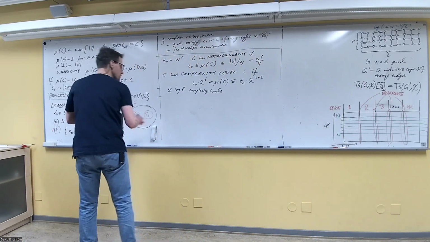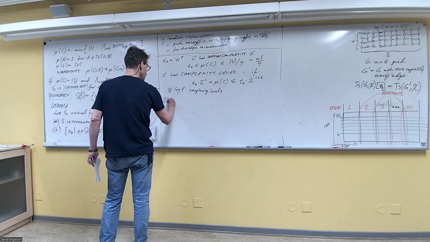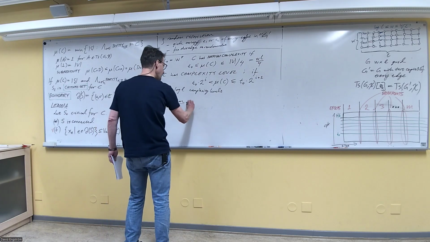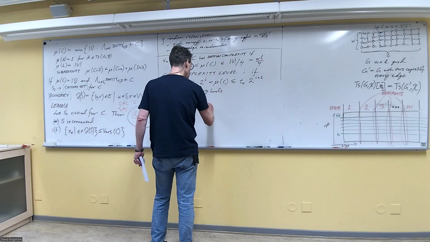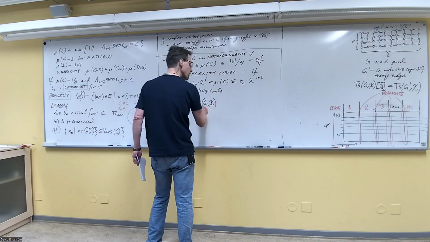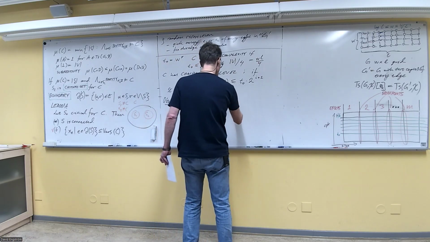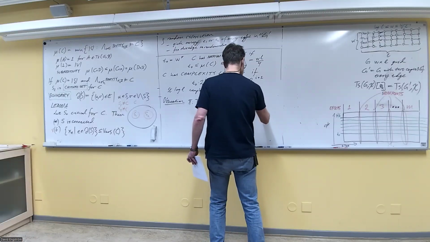Okay, so now observation: any refutation of the grid formula has to hit all complexity levels.